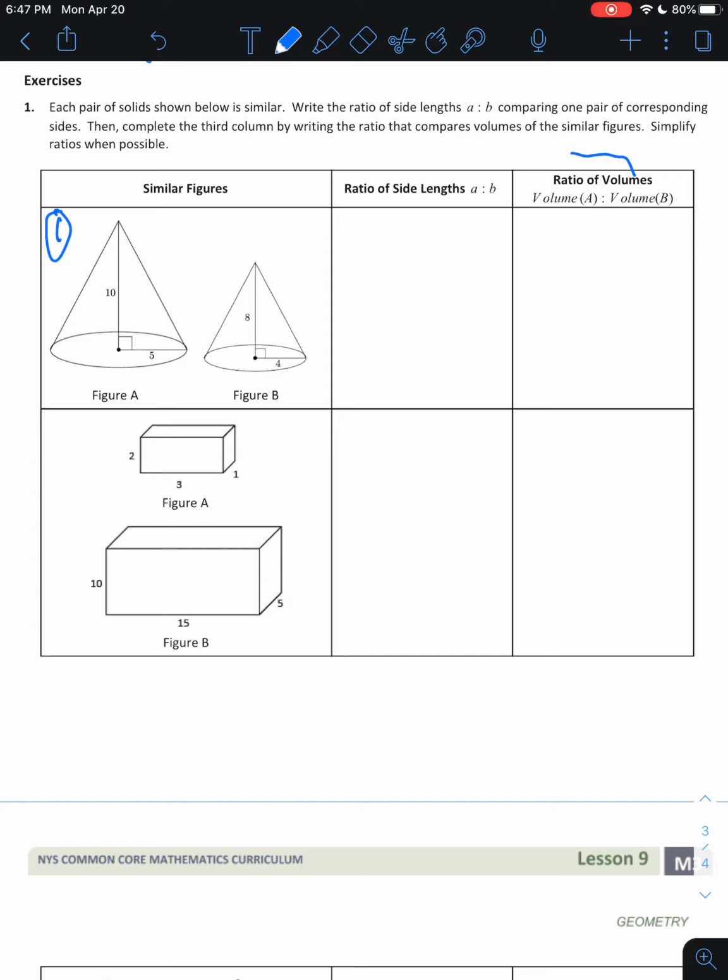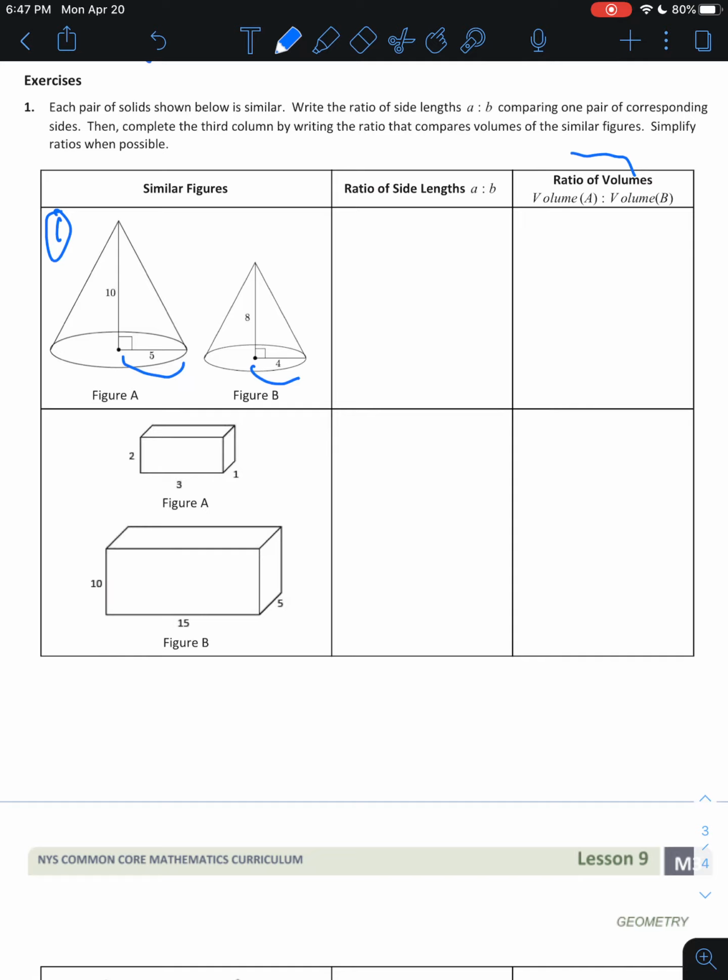So let's take a look at side lengths. So again, we already know they're similar, so it doesn't matter which side length we choose. We could choose to work with the height here, or we could choose to work with the radius down here. Whatever we want, as long as we're taking corresponding measures.